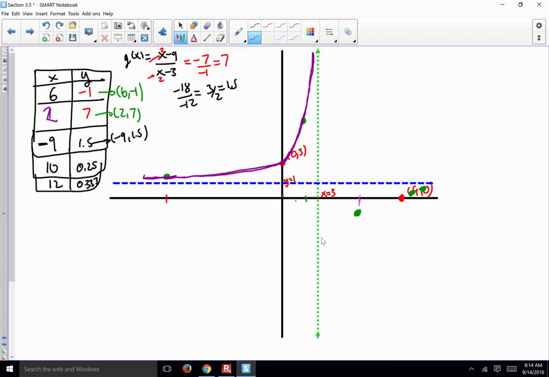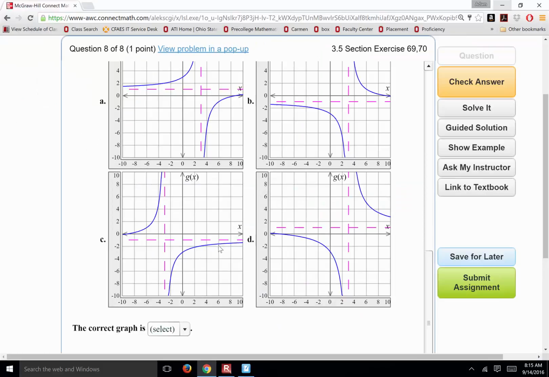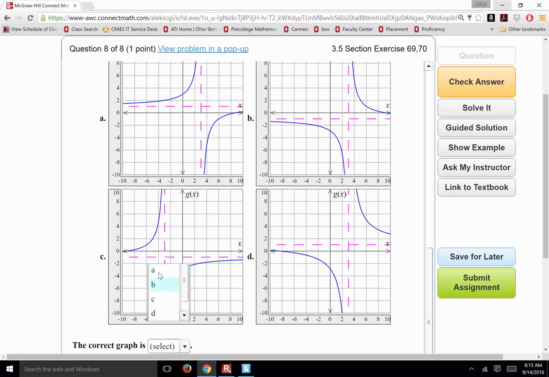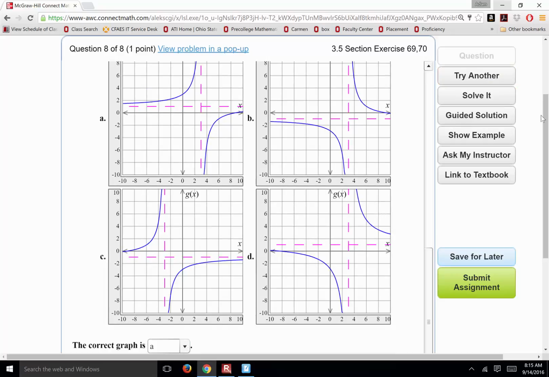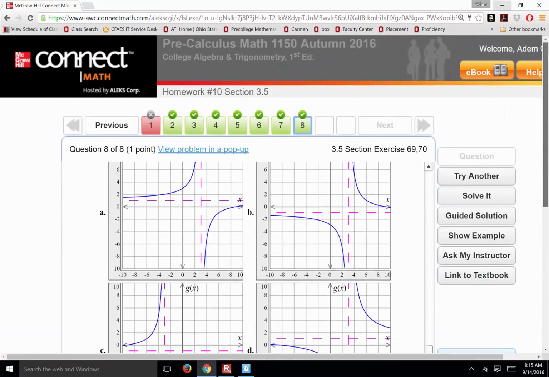You almost observe here, this and that. Which one is it? It looks like this one, right? Now it's part A. Alright. That's it. We're done. Any questions?